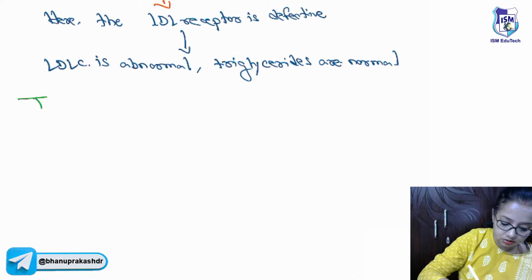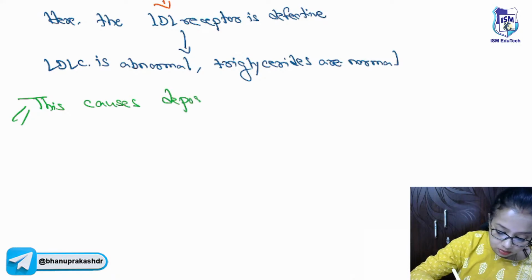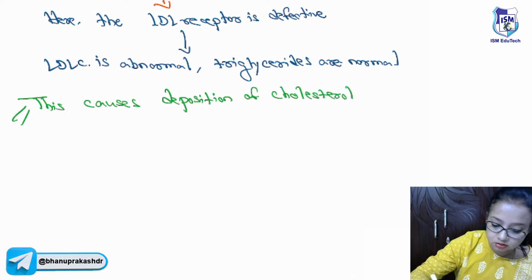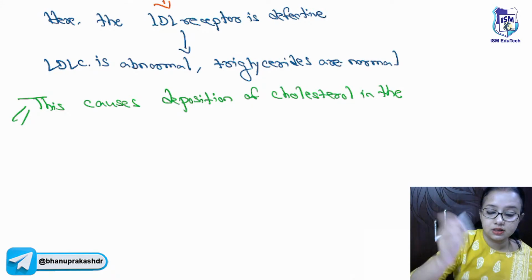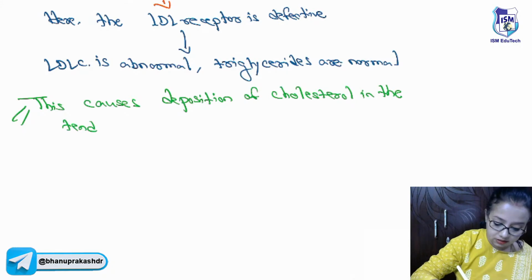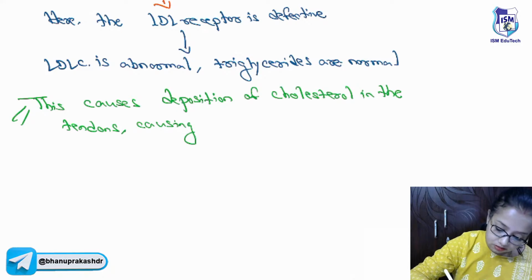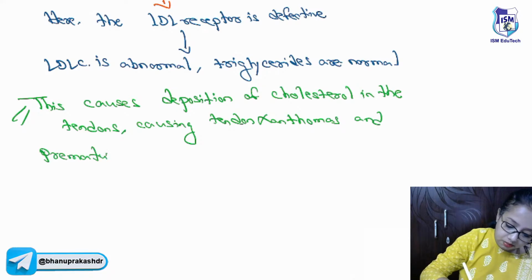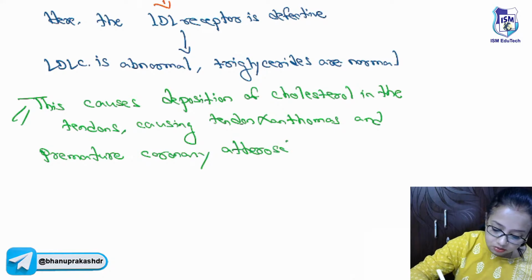Now, what does this do? It causes deposition of cholesterol in the tendons, causing tendon xanthomas and premature coronary atherosclerosis.